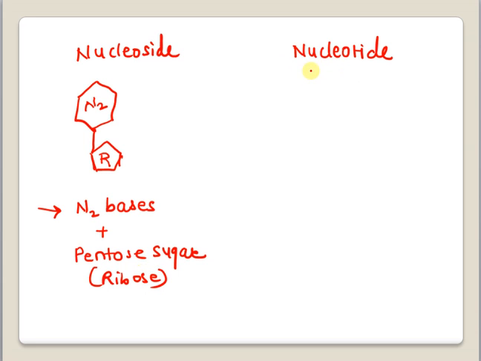The next question is, what is the nucleotide? The nucleotide is composed of again the nitrogenous base. With this is the ribose sugar, that is the pentose sugar, the 5-carbon sugar, and with this one phosphate group is attached.